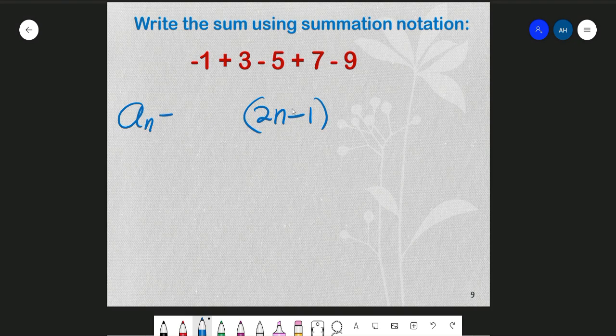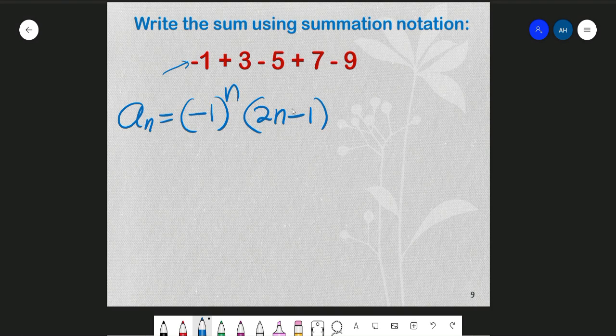An equal to, of course we have to write -1, right? Now -1 to the power what? The first number here, if you notice, is negative, so we have -1 to the power n, because for the first number n equals 1, so -1 to the power 1 gives you -1, a negative sign.